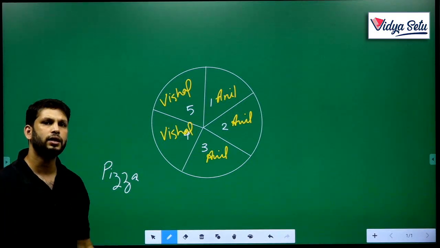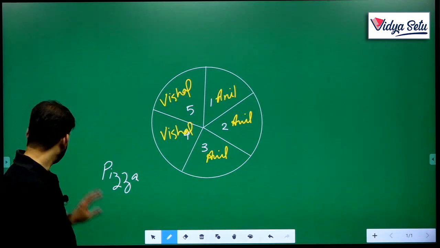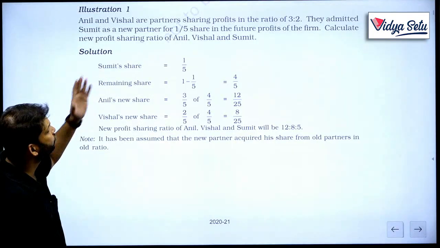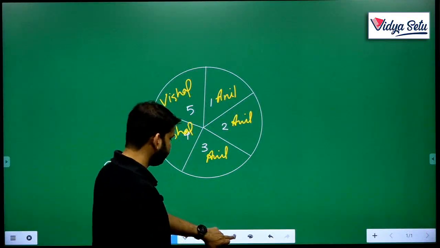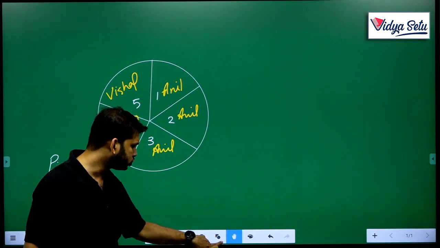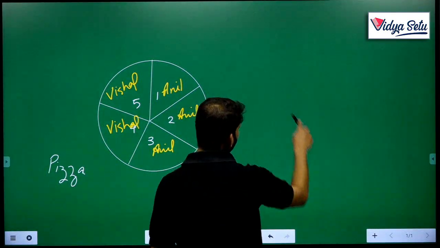Now what is happening? A new partner is coming in for 1/5 share. So if he is coming for 1/5 share, how much is remaining for others? The new partner will take 1/5 share.